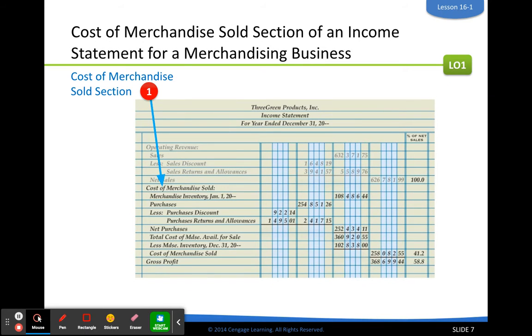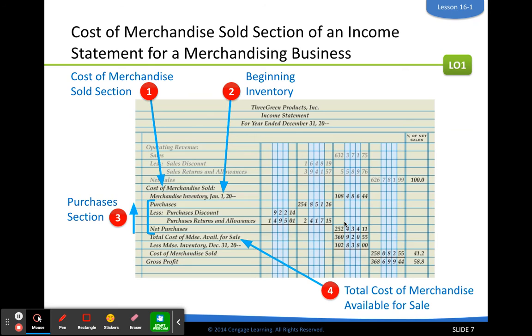We have our heading, then we have our merchandise inventory amount from the beginning of the year, January 1st. That will be given to you in the instructions. Then we take our purchases less any purchases discounts, returns, and allowances, subtracting those amounts from our purchases to give us net purchases, which tells us the amount of merchandise that we have available for sale: how much we started with, plus how much we purchased, minus any discounts or returns.